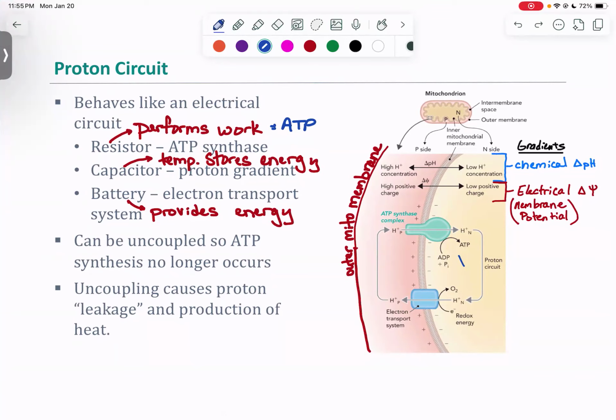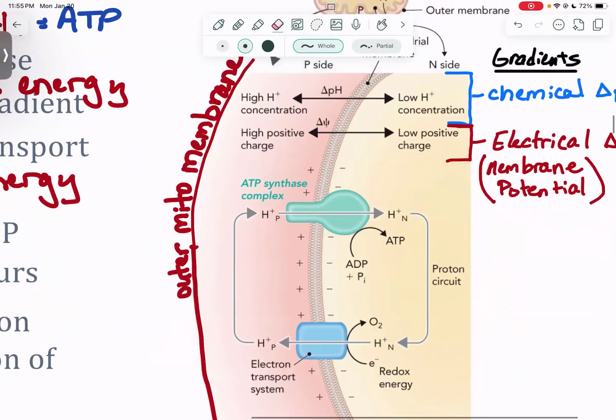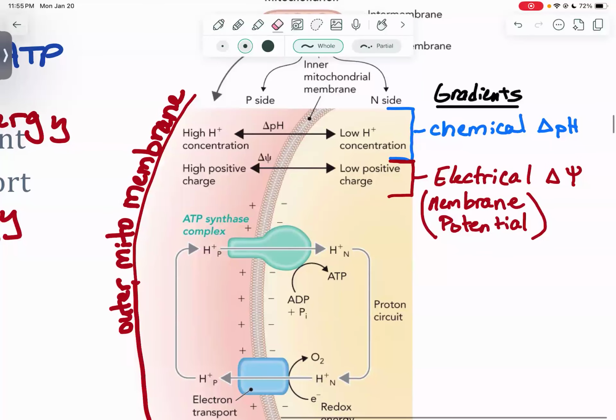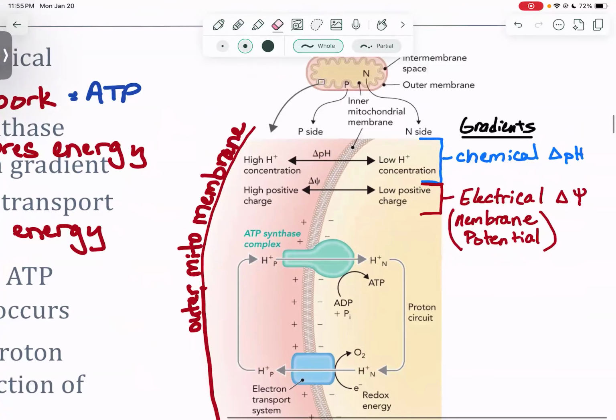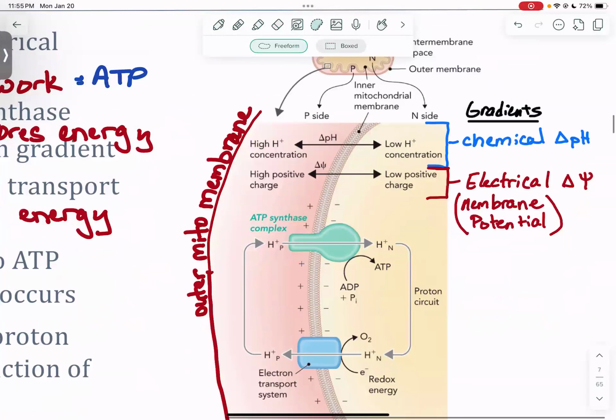So what's really cool about this, let me zoom in. When we look at this model, this is our electron transport complex.